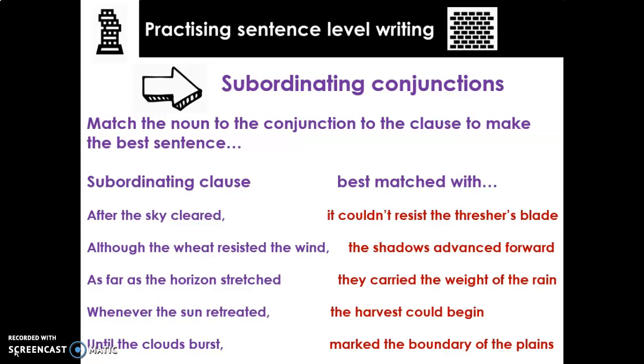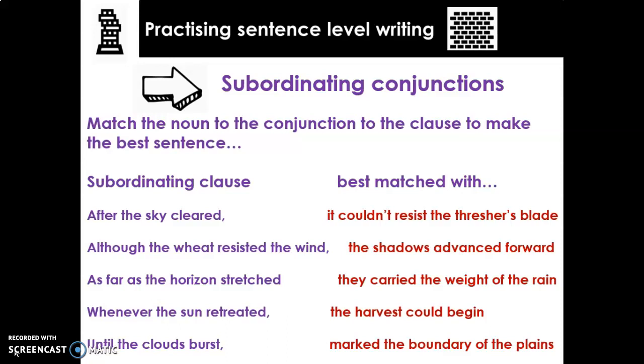After the sky cleared, the shadows advanced forward. Now, okay, so shadows and sky, but actually if the sky is clear, you can't have shadows, so that doesn't work either. After the sky cleared, they carried the weight of the rain. Not going to work.